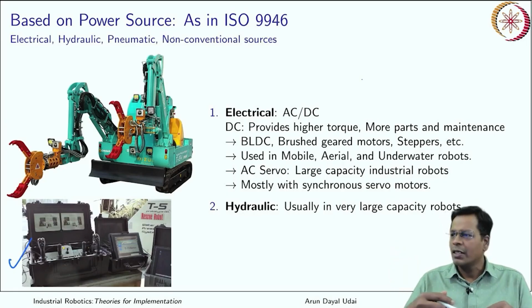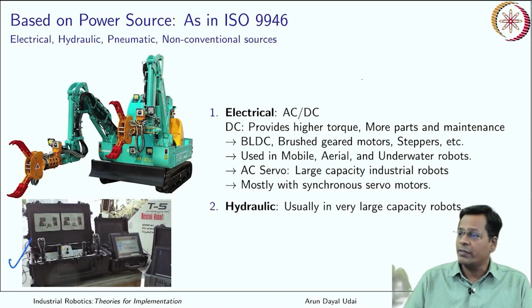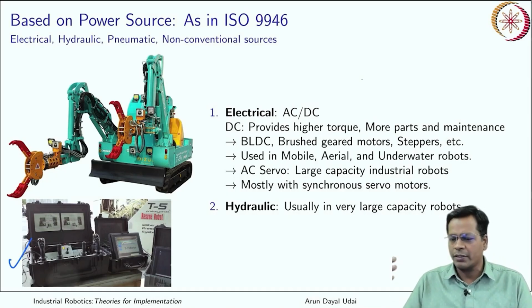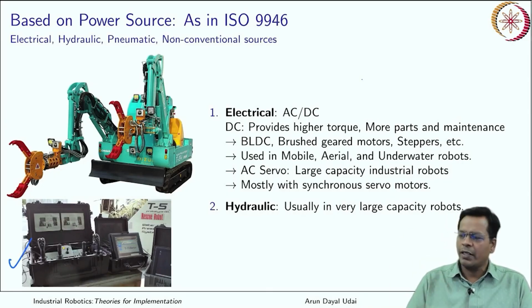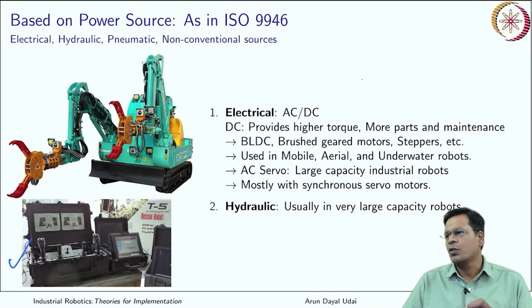You see the scale of this robot, where it can do excavation tasks. If there is an earthquake, it can remove the debris, rescue people, and those kinds of things can be done with this kind of robot. So it is very, very useful. However, it fits into a very different category of robot which is run by hydraulic actuators.